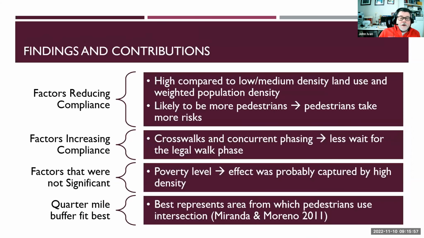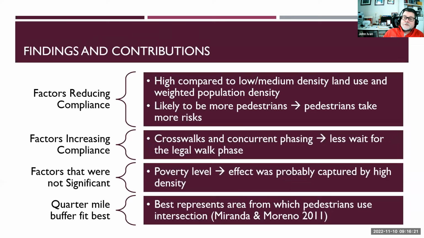So overall, our findings: we found that high density land use and high population density, compared to the low and medium, reduce the compliance at the signal. What's likely happening here, we believe, is that there are probably more pedestrians in those areas.